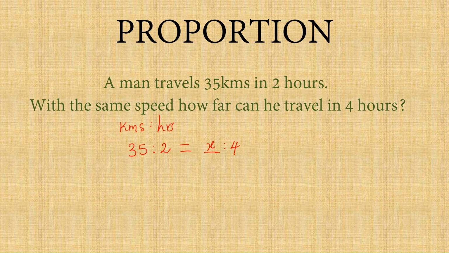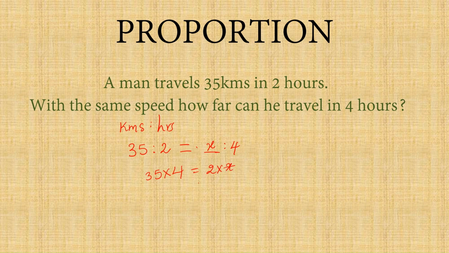As per the rule, the product of extremes should be equal to the product of means. So, here the extreme values are 35 and 4. So, we'll take 35 into 4, and the mean values are 2 and x, equal to 2 into x.